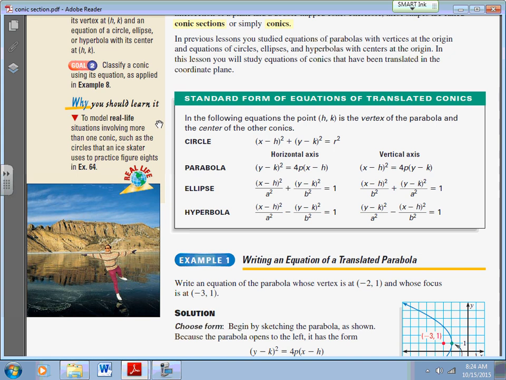Before I do a lot of those, I do want to spend a little bit of time on quadratics as well, because for some of you that are still working on that Unit 2 test, it's quadratics and linear equations. A part of quadratics and factoring is going to be involved in this, so I want to make sure you understand how to do factoring.